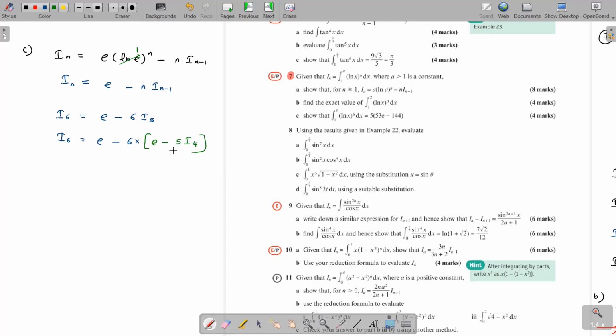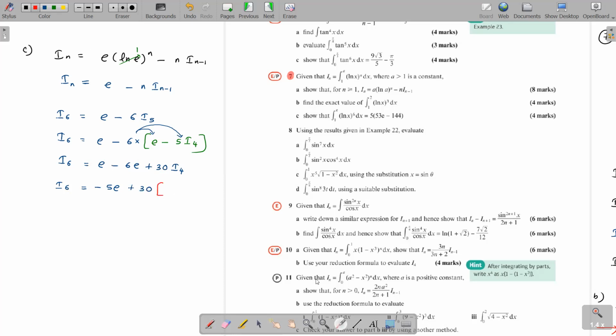So you understand what I did here? Replacing the n with 5, e minus 5 I4. First we'll open the bracket. e minus 6e, minus 6 into minus 5 is plus 30 I4. Do you agree? So e minus 6e is minus 5e. Agreed? Plus 30 times I4.